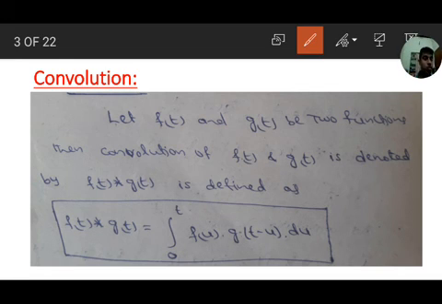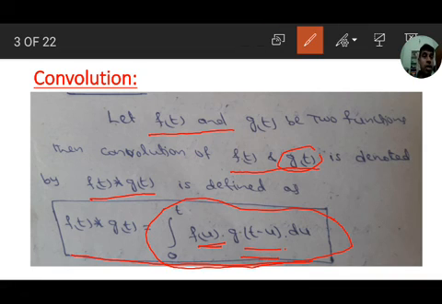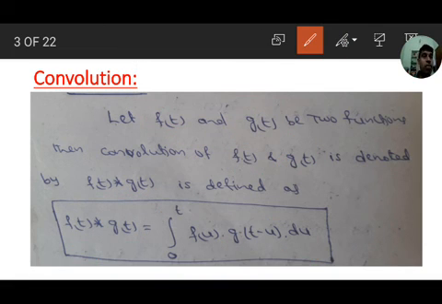Then the convolution of f of t and g of t is denoted by f of t star g of t, and it is defined as f of t star g of t equal to the integration from 0 to t of f of u into g of t minus u du. That means in f of t you write u, and in g of t you replace t by t minus u, and the total integration from 0 to t of f of u g of t minus u du is called the convolution of f of t and g of t, denoted by f of t star g of t.